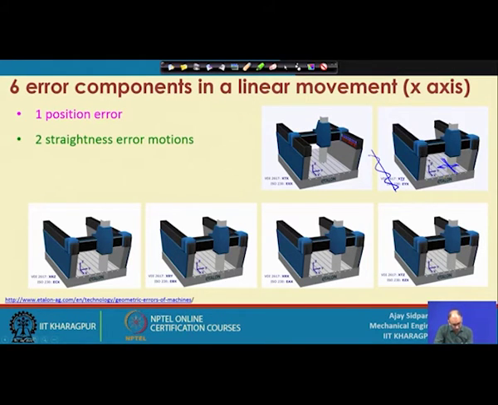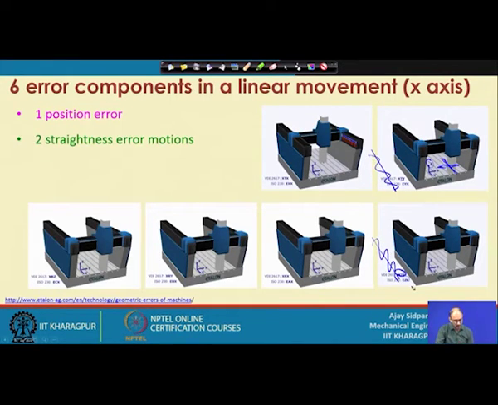So, still we have one more axis, that is called the z axis. Now, this is the error in the z axis. So, this is the movement in the x axis, but error in the z axis. Right. So, now see, this is moving up and down, correct. This up and down motion will again create a problem, because here you are getting this type of motion, but here you are getting this type of motion.